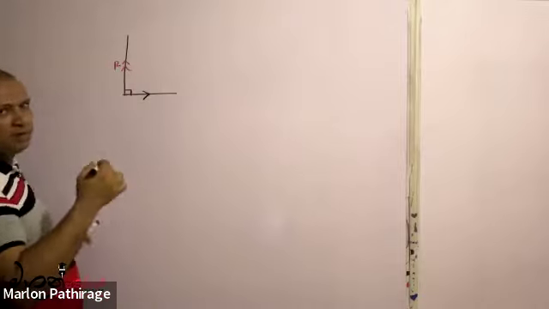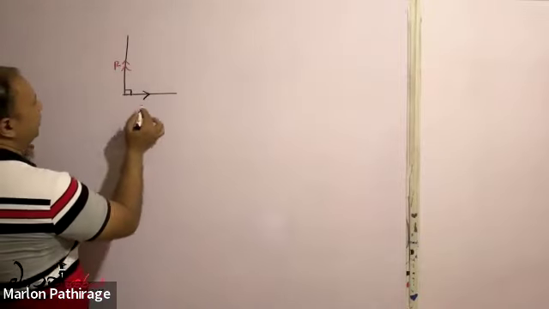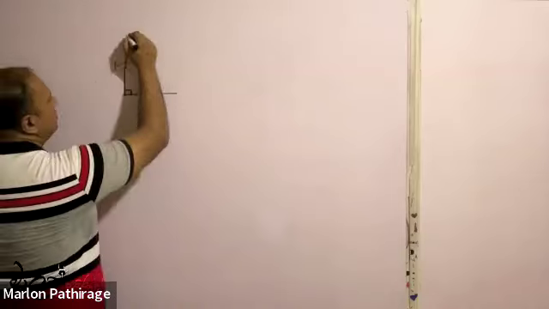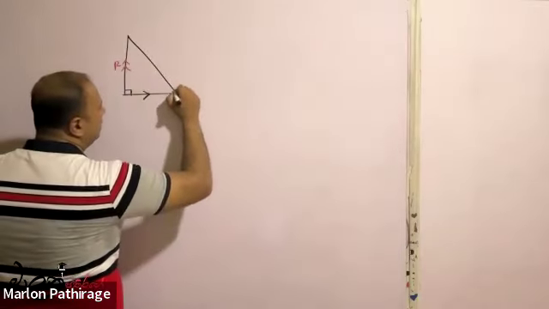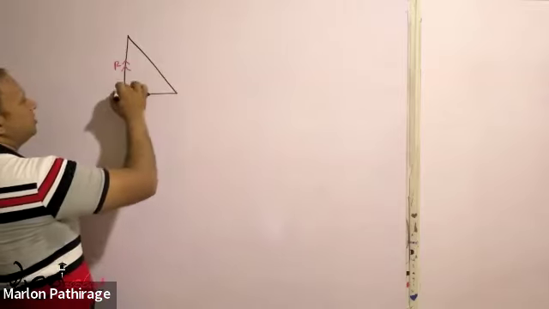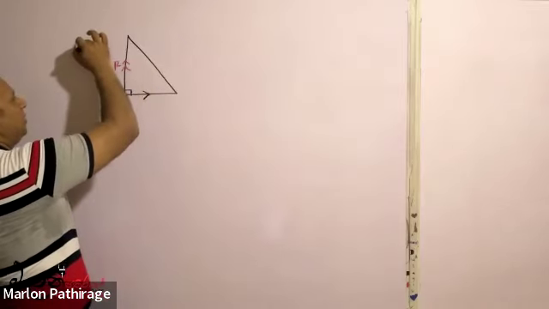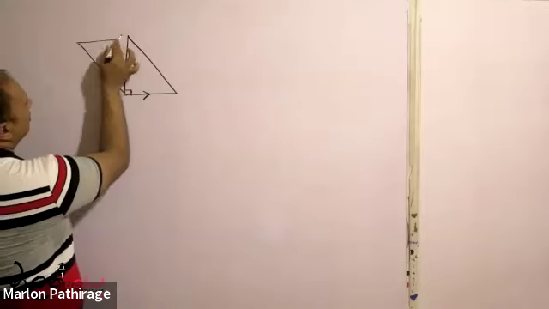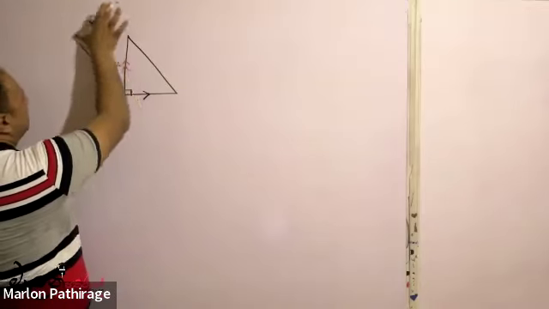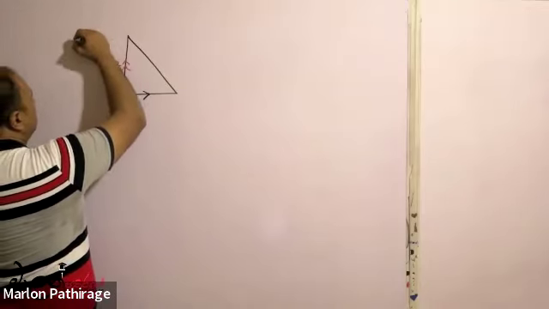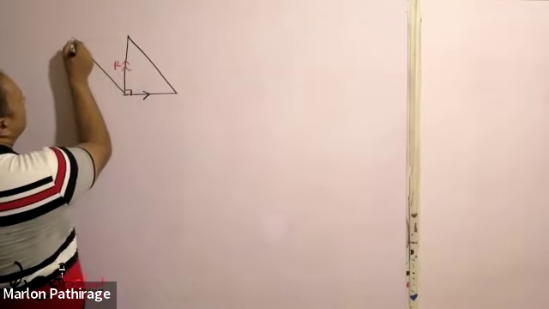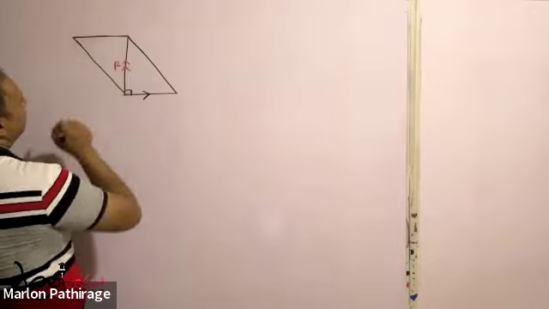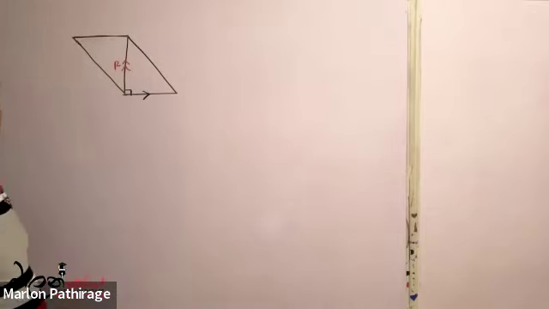So you have to complete the parallelogram. That means you have to draw another parallel line to this one. So this is the vector parallelogram.